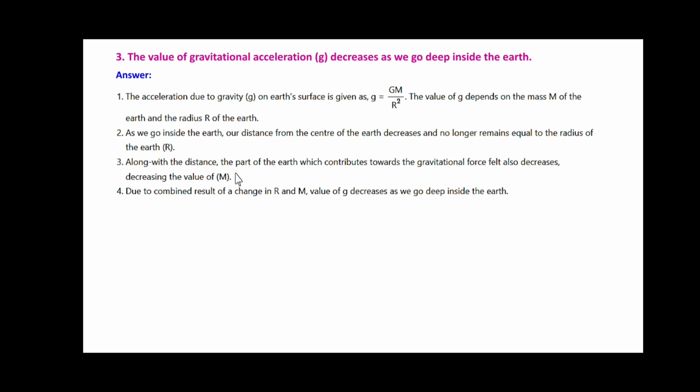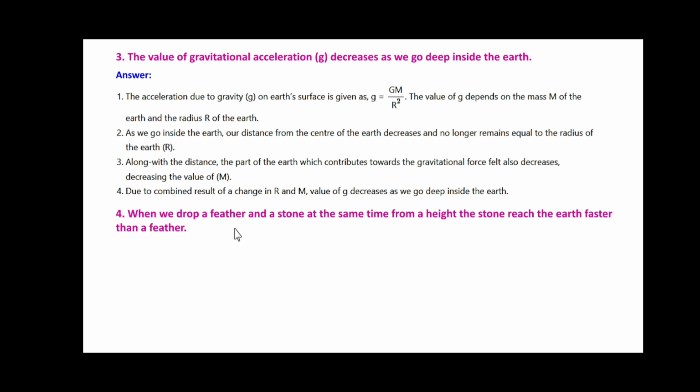Along with the distance, the part of the earth which contributes towards the gravitational force felt also decreases, decreasing the value of M. So due to the combined result of a change in capital R and that of capital M, the value of g decreases as we go deep inside the earth.